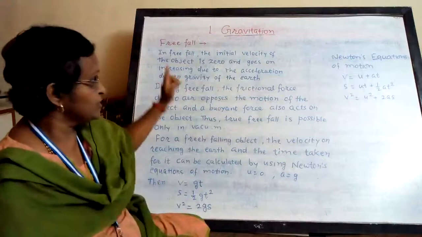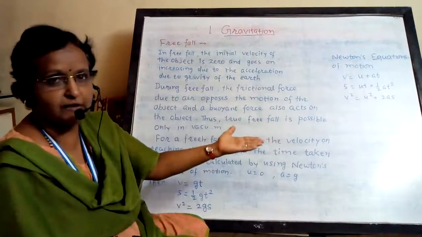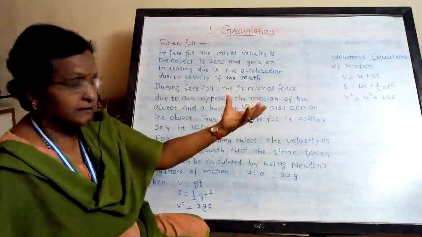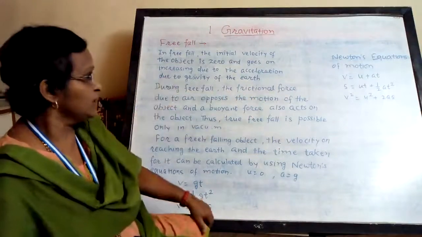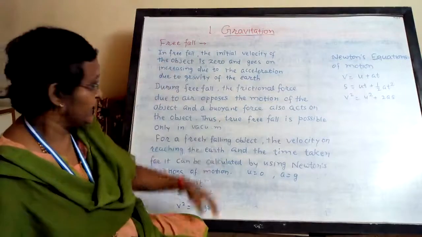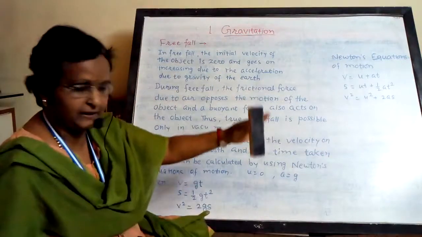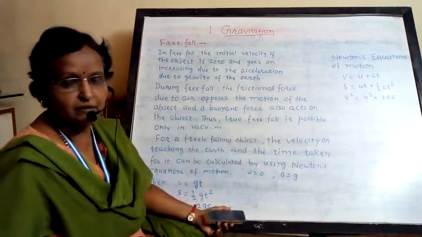So initial velocity is 0, and that velocity is increasing as it is falling down, due to the acceleration due to gravity of the earth. Now when this is falling freely, we call it free fall.